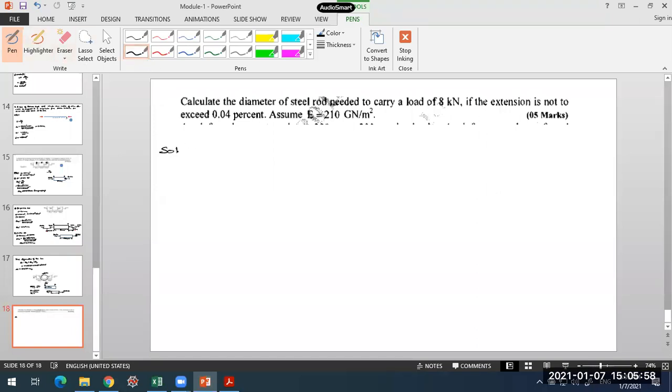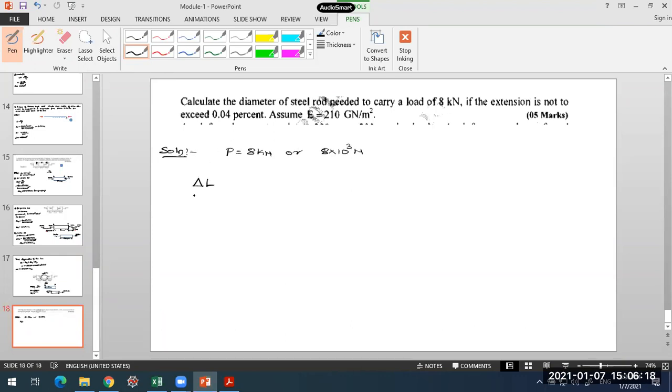Okay, so here the steel rod has to carry a force of 8 kilonewton or 8 into 10 raised to 3 Newton. Now here what is given? The extension should not exceed 0.04%.